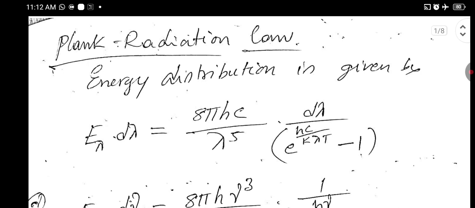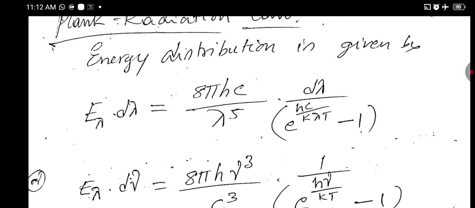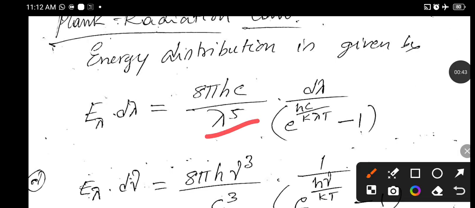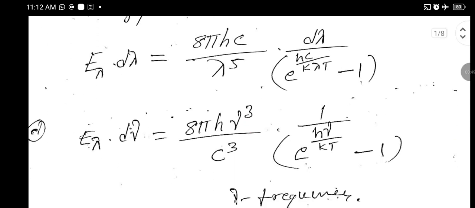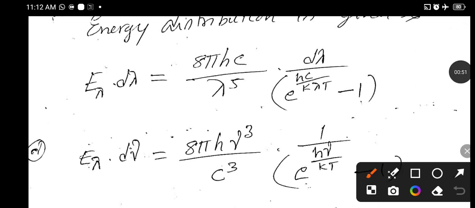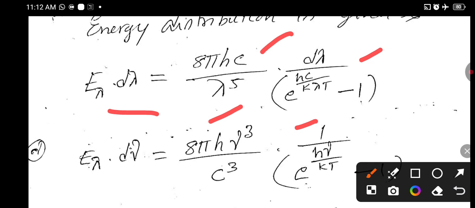Let's see. As we know, the energy distribution of Planck's radiation law can be given in two ways, in terms of the wavelength and also in terms of the frequency. This is E_lambda d lambda, the energy distribution in a black body, given by 8 pi h c by lambda^5 d lambda times 1 by e to the power of hc/lambda kT minus 1.